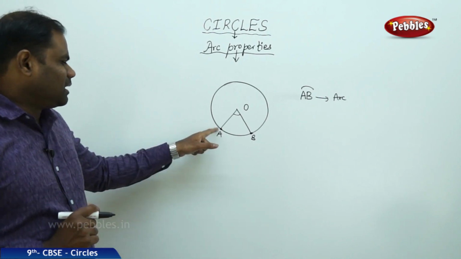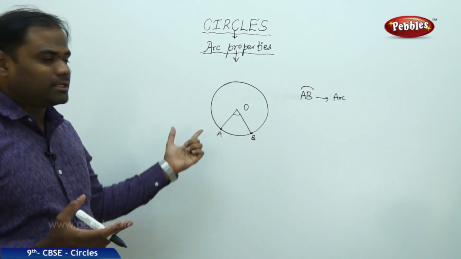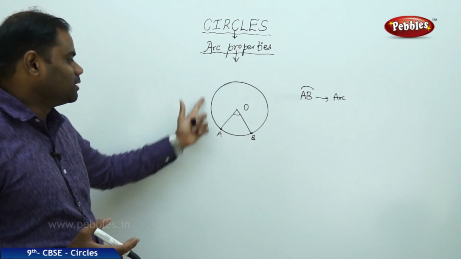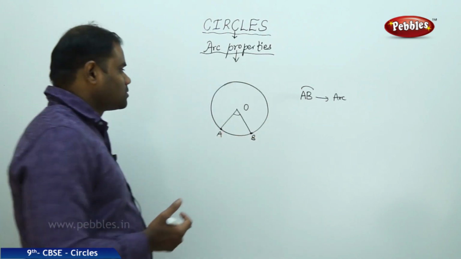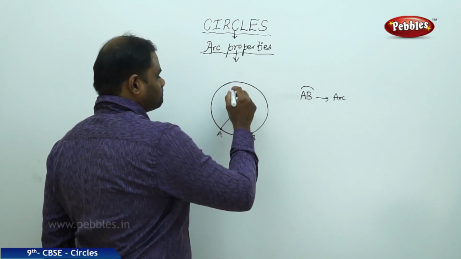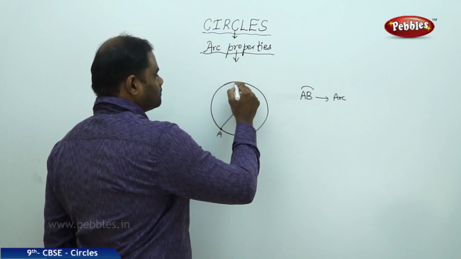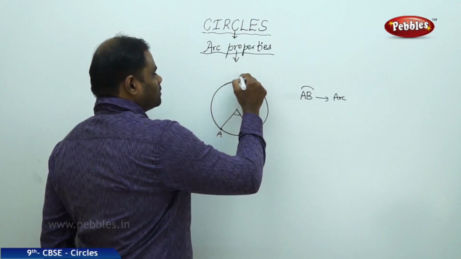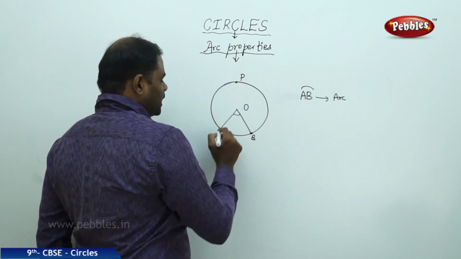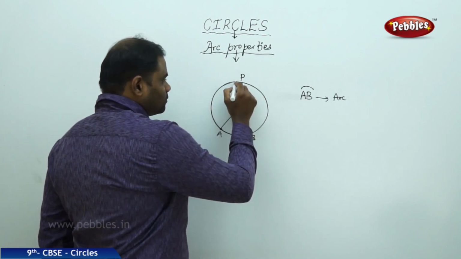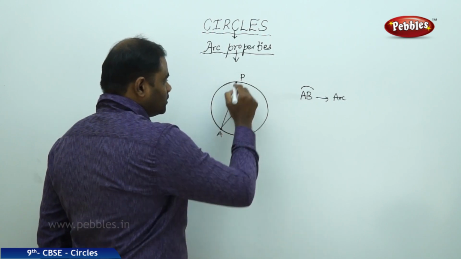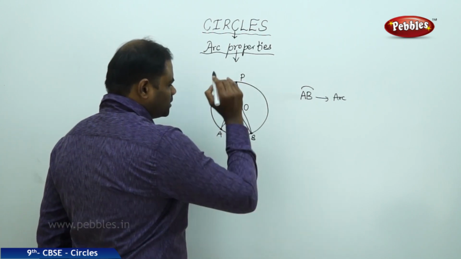Say the arc subtends some angle at any part of the circle, from here to here or down anyway. So let me pick a point P on the circle. So the angle subtended by this arc at P would obviously be when I join PA with PB.